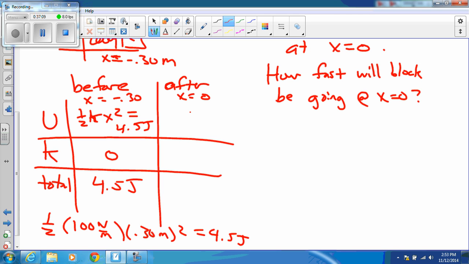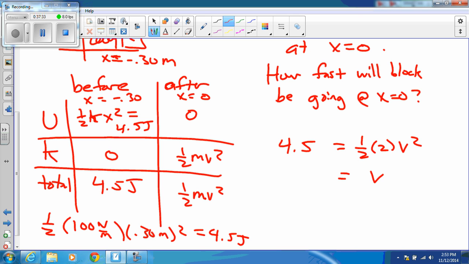At x equals 0, the spring has run out of energy to give. There's no more accelerating. The kinetic energy of the block is 1/2 mv squared, so my total is now 1/2 mv squared. I set these equal because of conservation of energy, and I get a speed of 2.1 meters per second.